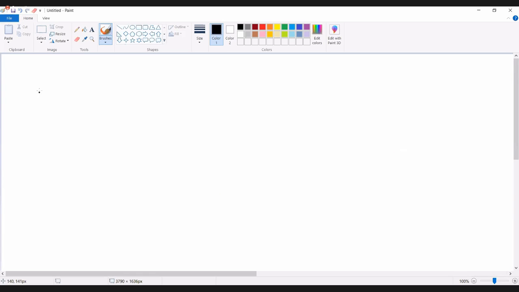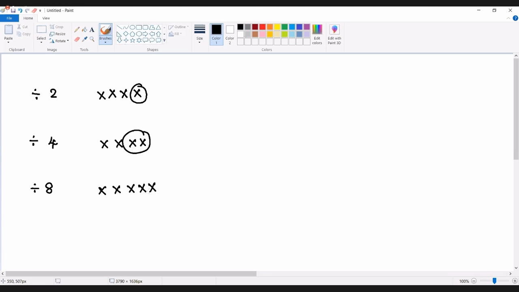I'm keeping all the similar rules together: divisibility of 2, divisibility of 4, divisibility of 8. Divisibility of 2 is that a number is divisible by 2 if the last digit is divisible. Divisibility of 4 is that a number is divisible by 4 if and only if the last 2 digits are divisible. Divisibility of 8 is that the last 3 digits must be divisible.